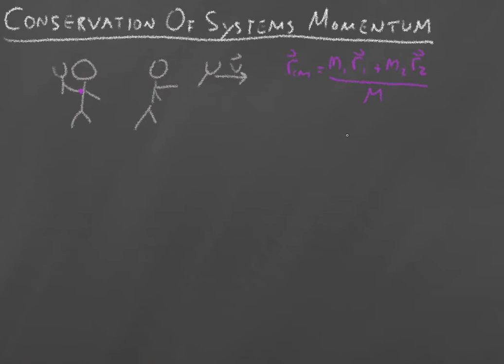But that doesn't matter, because as the wrench gets further and further away from me, its distance increases. So while my mass stays the same and this distance increases, it would seem like this means that the center of mass is also going to move. It's going to follow the wrench. But we know that can't happen, right?